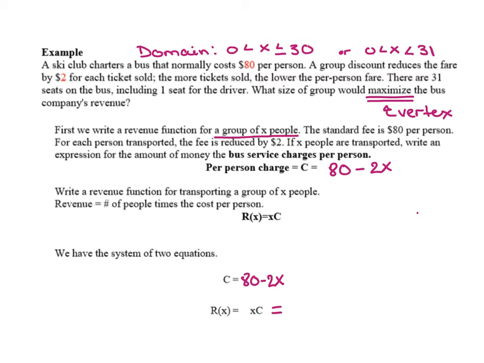So x times (80 minus 2x), the cost per person. And this will give us, if we expand it out and distribute, 80x minus 2x squared. And then we could write that in standard form, negative 2x squared plus 80x.